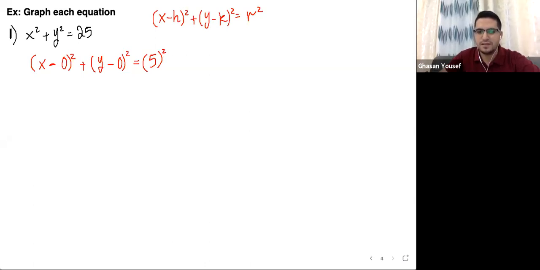Anything minus 0 gives me the same thing in front. Like x minus 0 gives me x, and when we square it, it gives me x squared. That's why x minus 0 is the same as x.